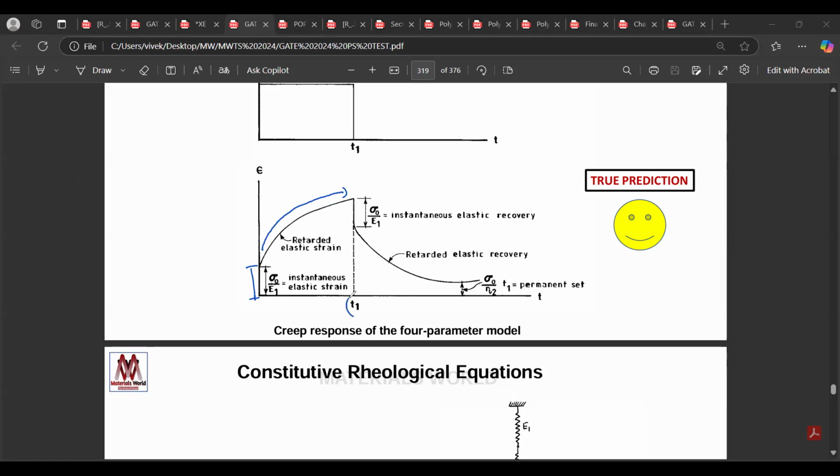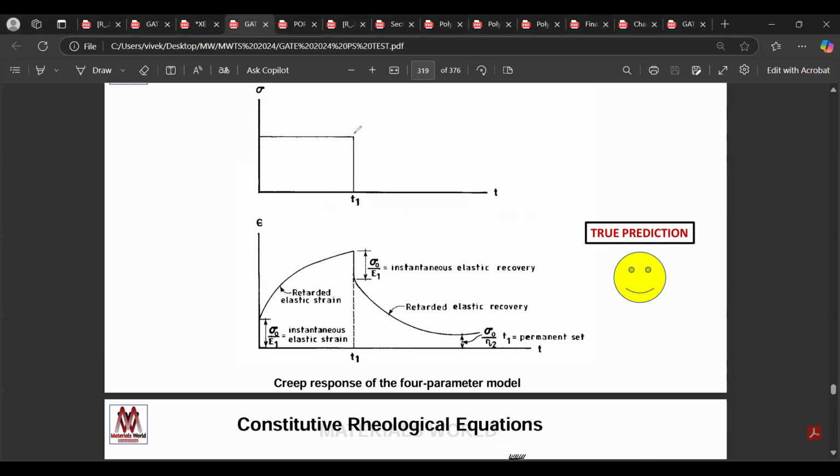And then after you unload it, or remove the load, which means the load becomes zero, whatever instantaneous strain is there is going to recover the same amount, and then the remaining strain will be recovered, will be removed from the system.